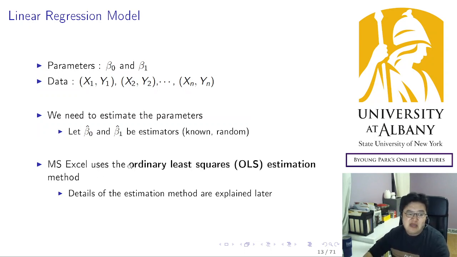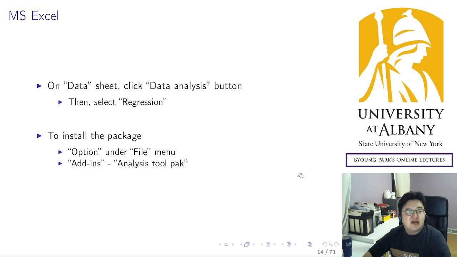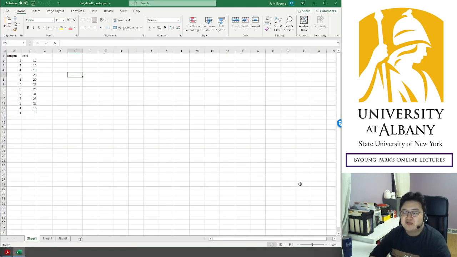By the way, the name of the estimator is the ordinary least squares estimation, which will be explained later, right? So you don't need to know it right now. And I'm going to show you how to do it on Excel. So this is the data, the same data I showed you in the slides.